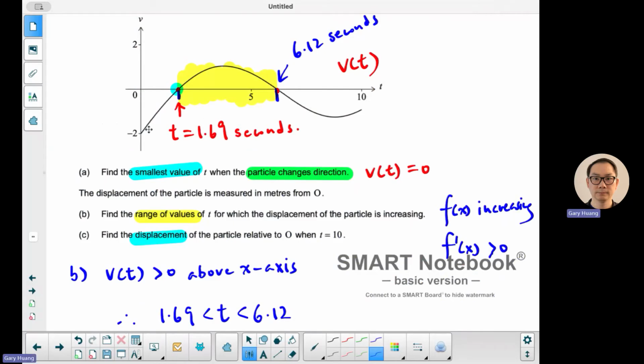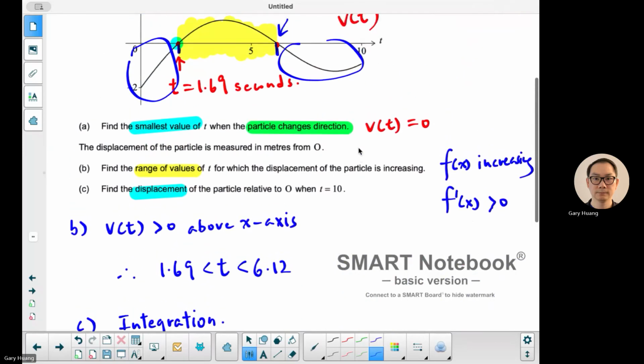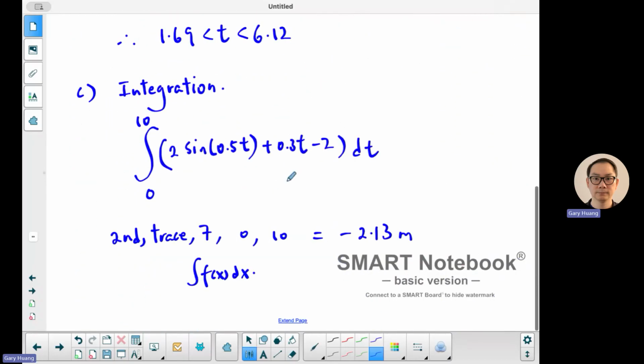Overall, this part is negative, this part is positive, this part is negative. So the overall negative is more than the positive. So the overall displacement is going to be negative. And you see how this is going to be below the x-axis. It's going to be negative. So the correct answer would be negative 2.13 meters.